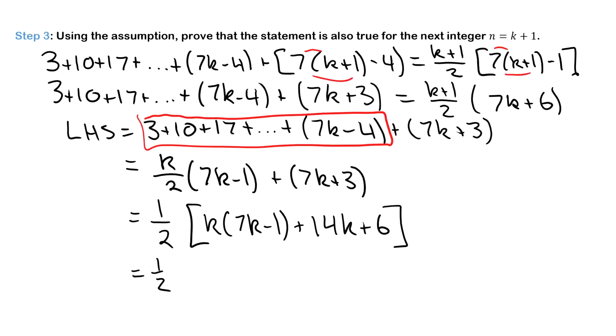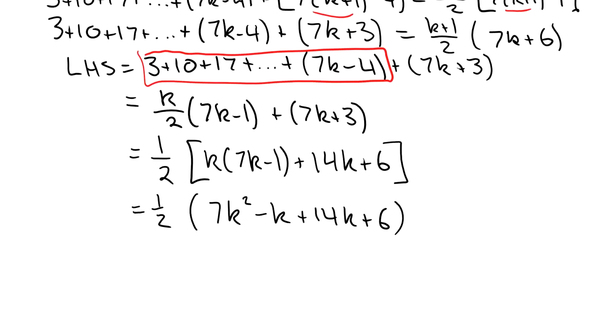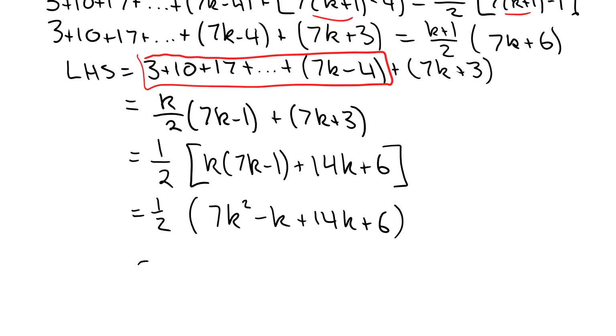Alright, now that I've got that, I can simplify what's in the square bracket, so I'm left with 1 over 2, gives me 7k squared minus k plus 14k plus 6. Simplify that down. 7k squared plus 13k plus 6.